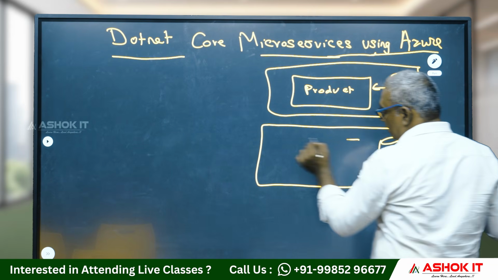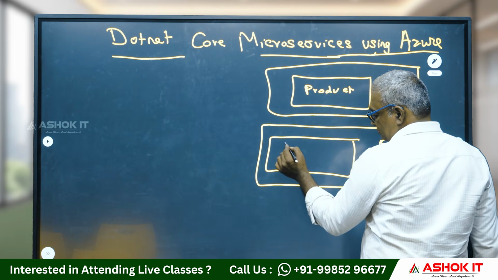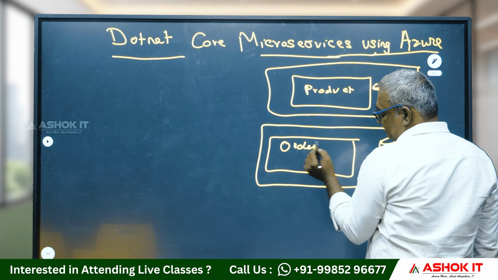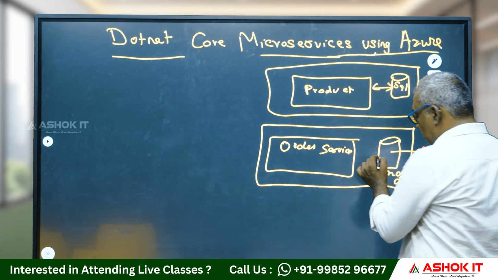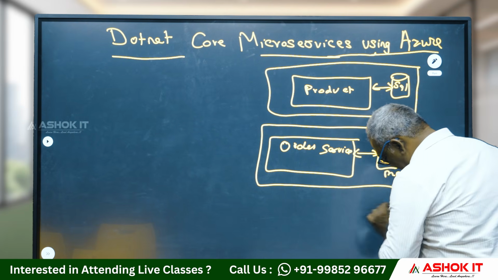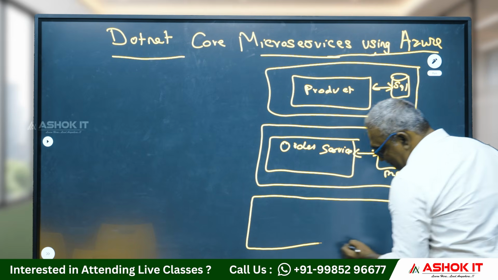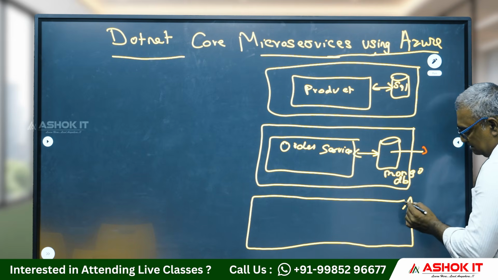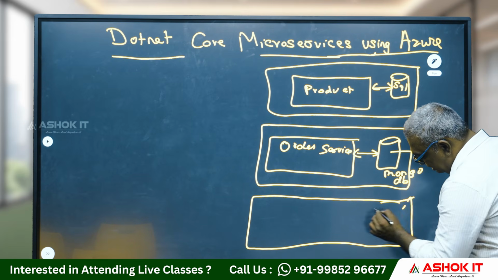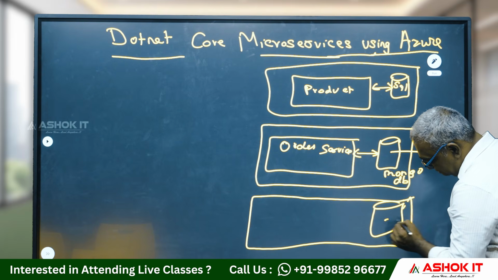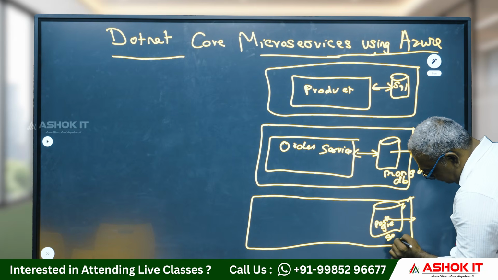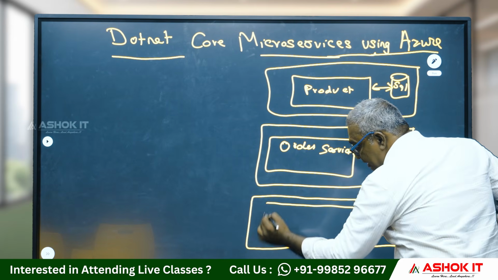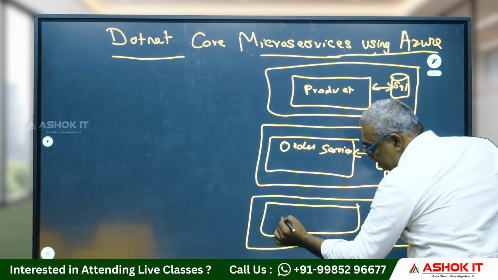Here I'm going to have an order service. Product service, order service. And once the order has been confirmed, I'm going to have a dispatcher service, where you will have a PostgreSQL database. And here I'm going to create a service called dispatcher.